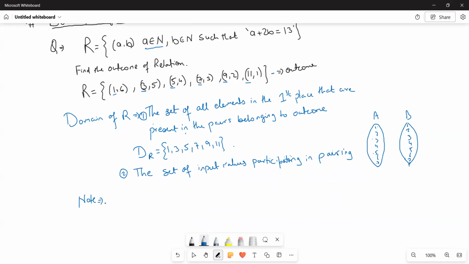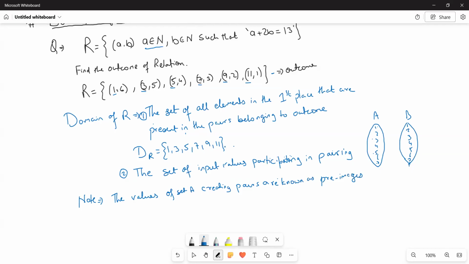So then write down a note that the values of set A creating pairs are known as pre-images.